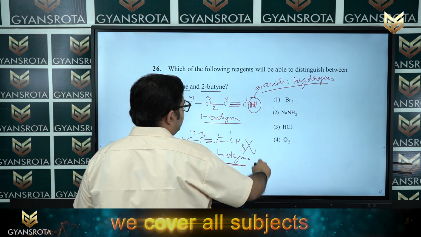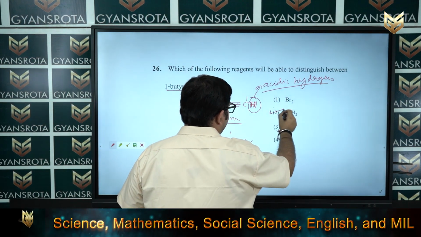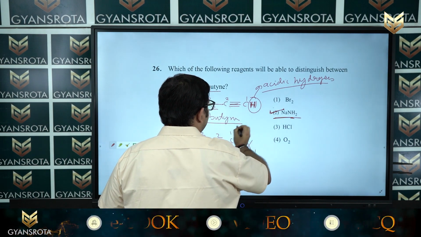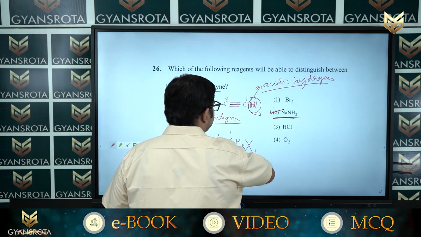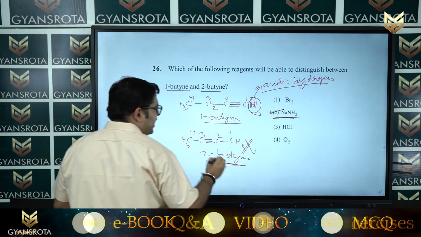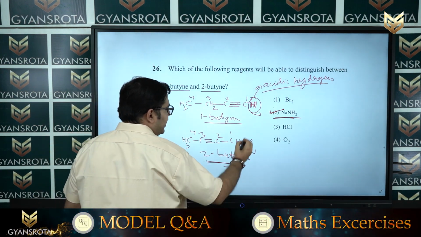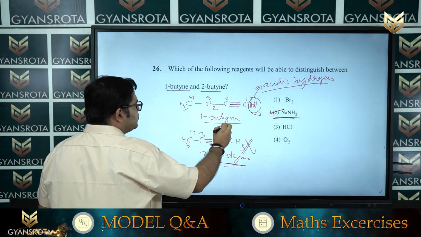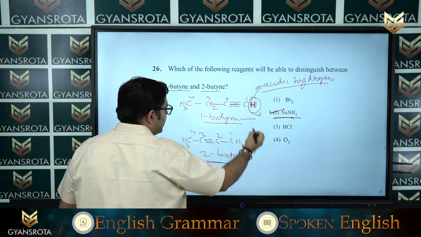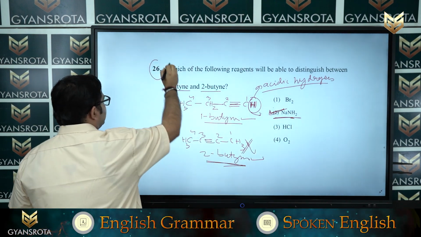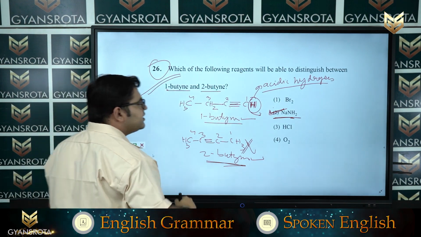So in the options, option number 2, NaNH2, is a strong base. If I use this, we can easily abstract this proton, whereas 2-butyne does not have any acidic hydrogen, so you cannot abstract any proton. So NaNH2 can be used to distinguish between 1-butyne and 2-butyne. So option number 2 is the correct answer of question number 26.